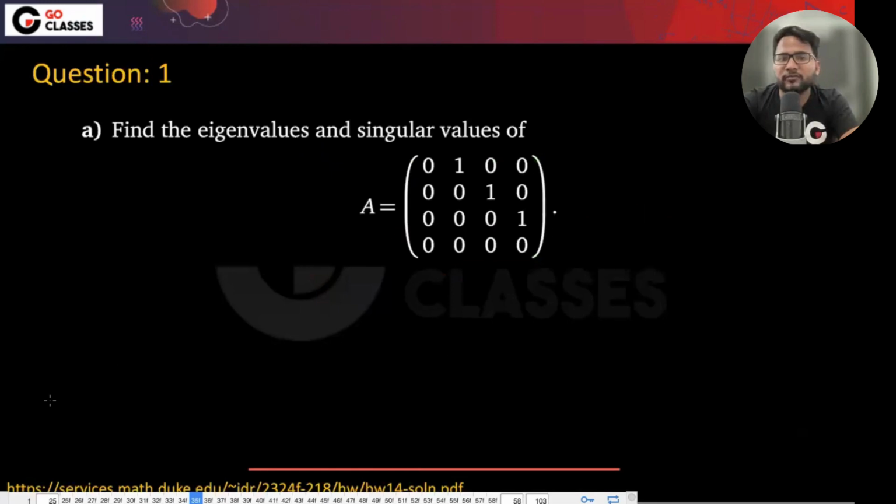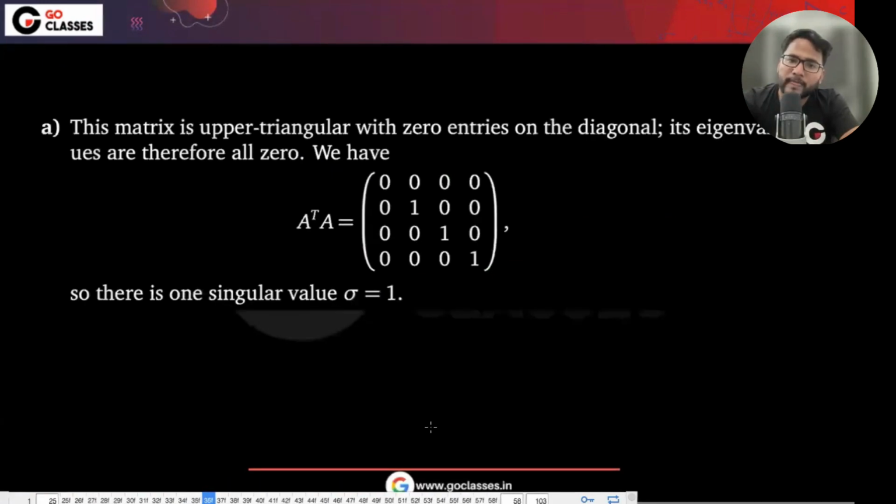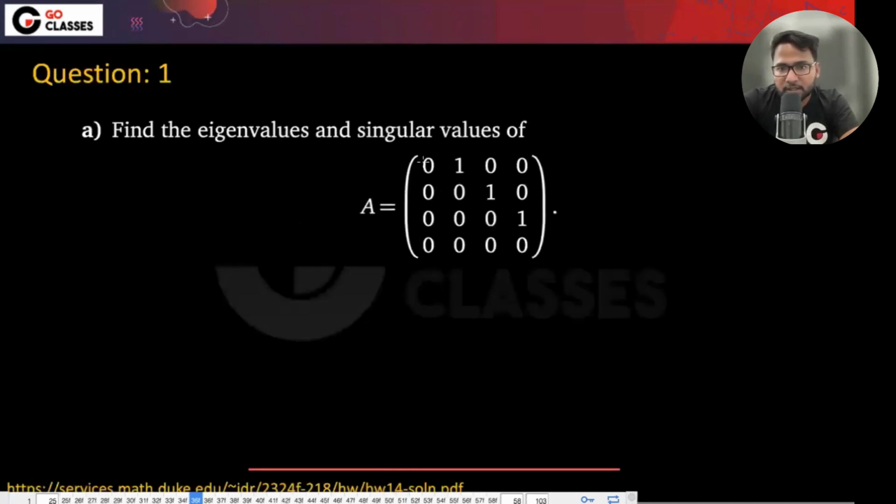Okay. So what they're saying is, find the eigenvalues and singular values of this matrix. How to do it? The singular values, as you know, are the eigenvalues of A transpose A. I think this is an upper triangular matrix, so the eigenvalues are anyway 0.